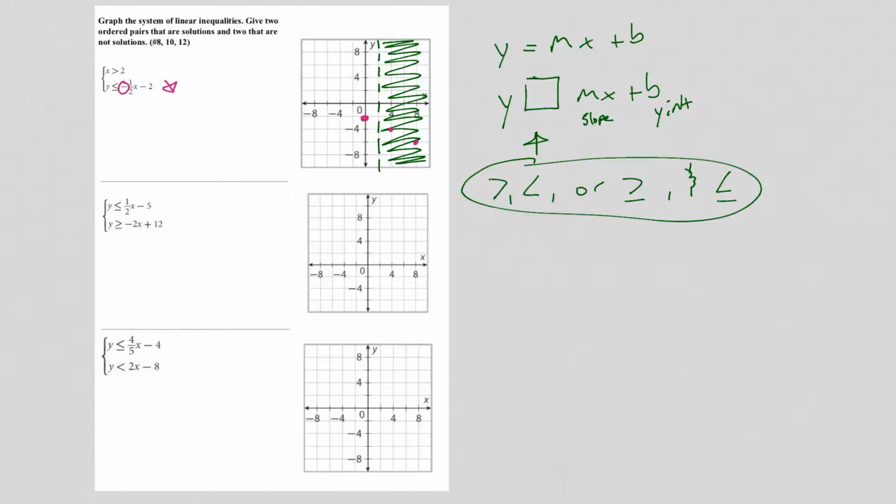So that's essentially this line right here. And then the line itself, that's less than or equal to, so the line is a solid line. And less than means shade below the line.